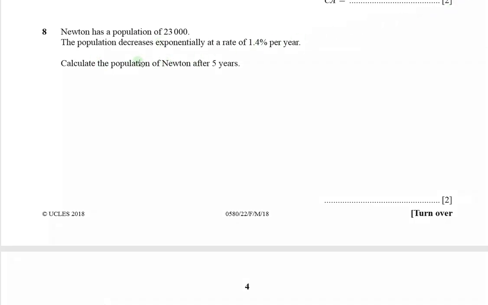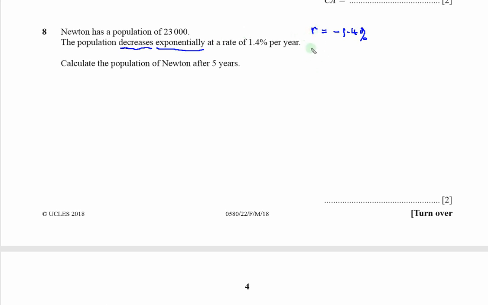Okay, now keyword here is decrease. First of all, is decrease. Decrease means your rate is negative. Your R is actually minus 1.4%. And then exponentially means it uses the compound interest formula.